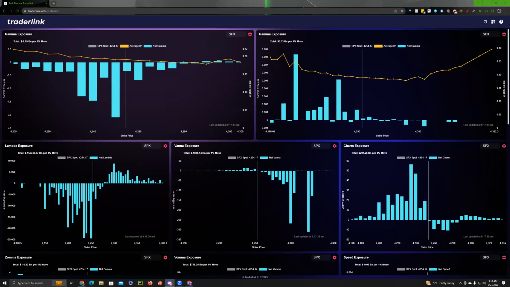Things like indicators are mostly trying to track momentum. That's the difference between normal indicators and exposures, right? When you're trying to track momentum, you're trading in the moment, as opposed to trading a predicted outcome of what people with a lot of money have to do.